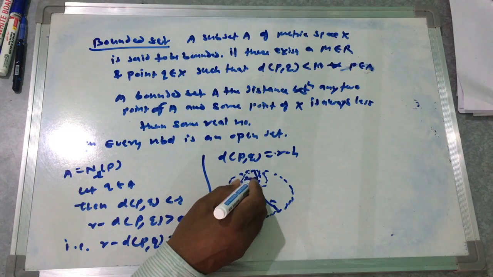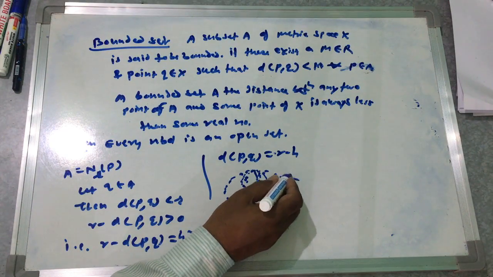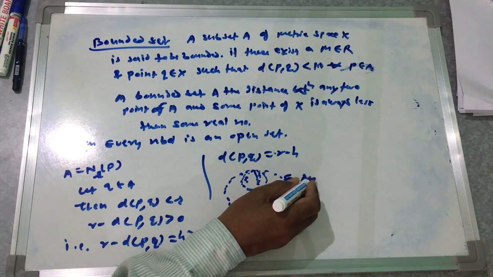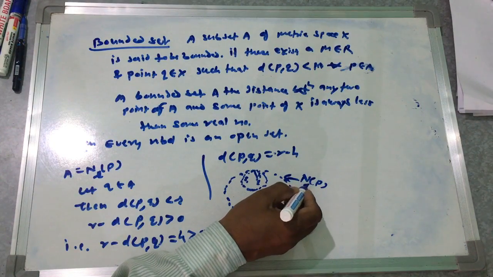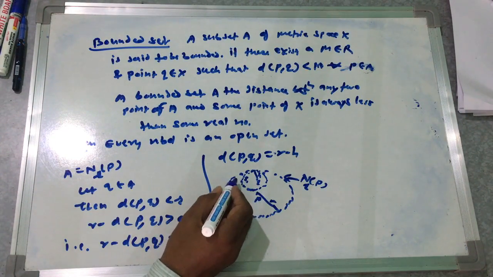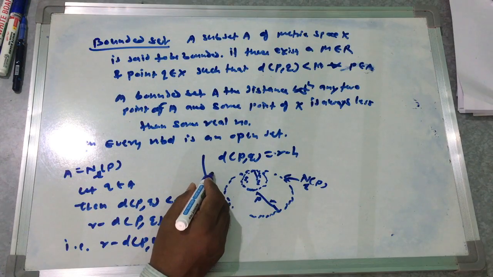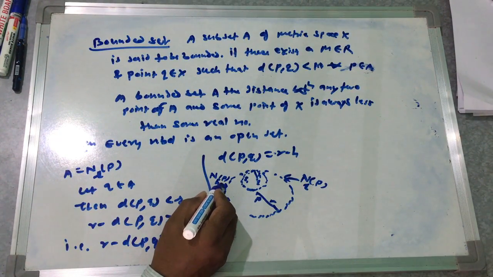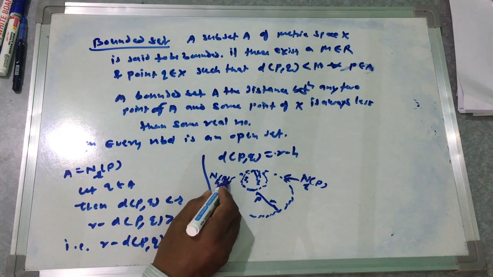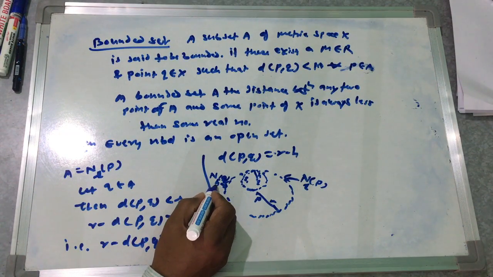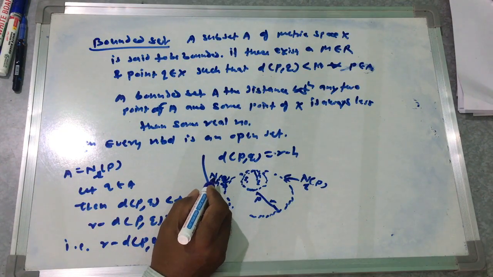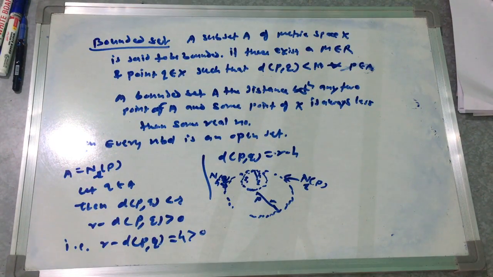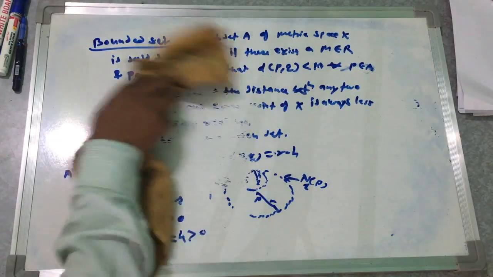So in this way, N_r here, N_h(q) here. So in this manner we can draw the figure.